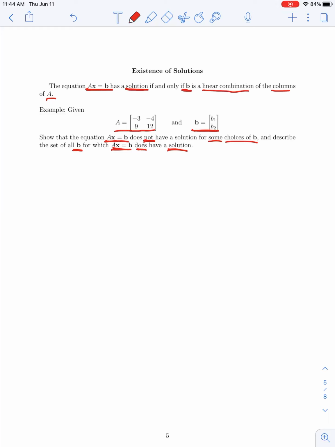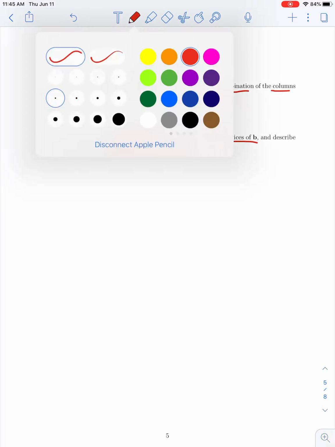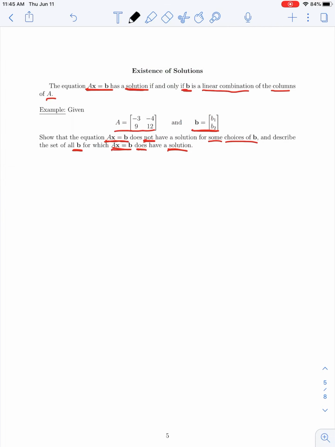So we know that the solution set for this matrix equation would be equivalent to the solution set for the linear system that would have an augmented matrix given by AB.